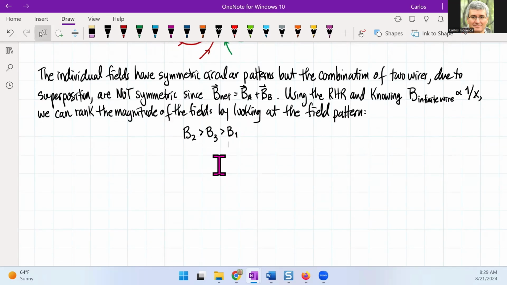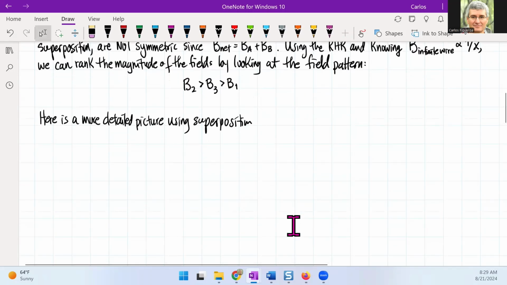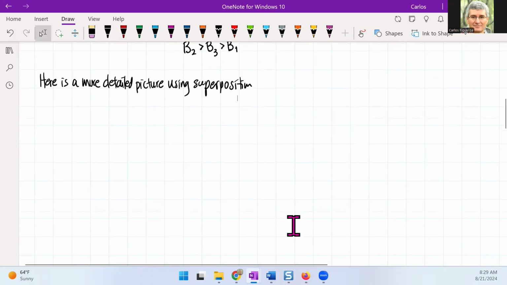So now let's look at this in detail. Here is a more detailed picture using superposition. So when I'm looking at the magnetic field, here's what we see from our picture.